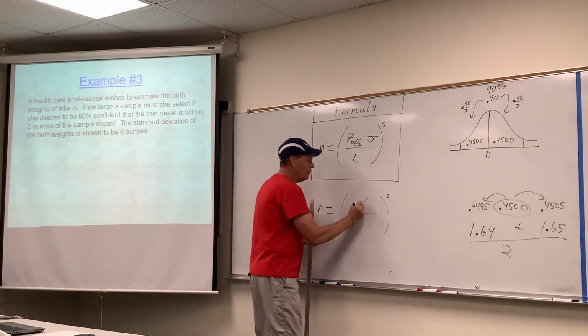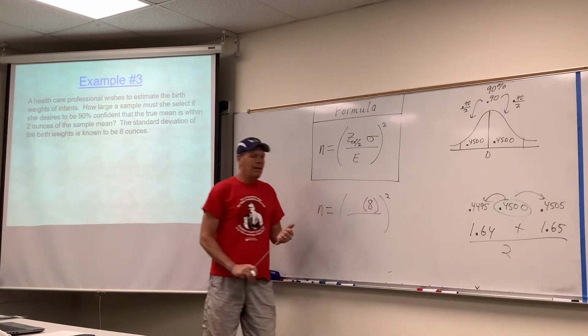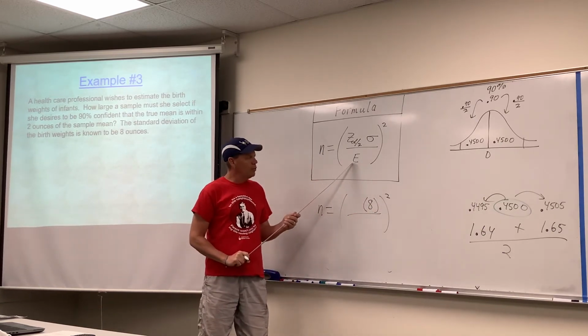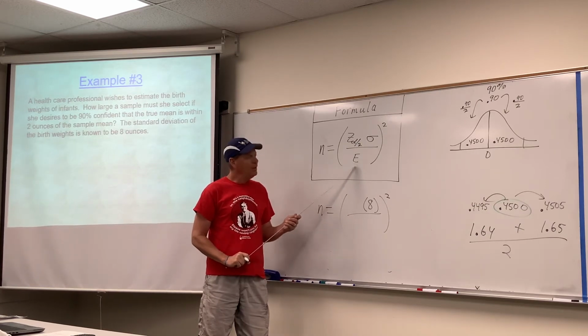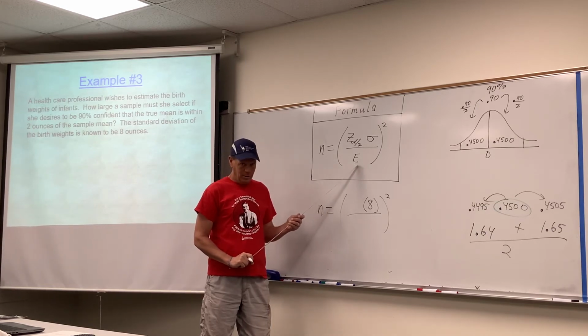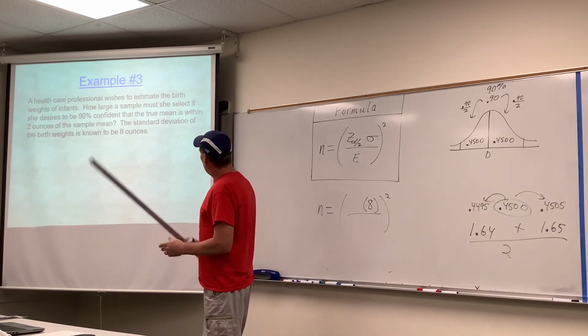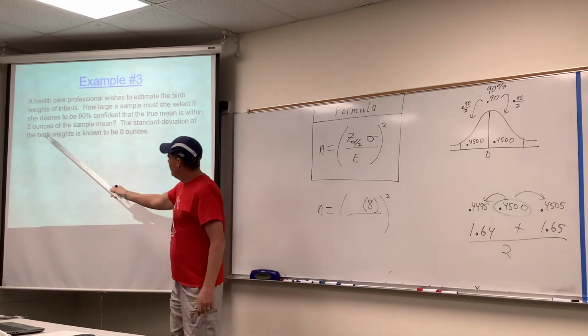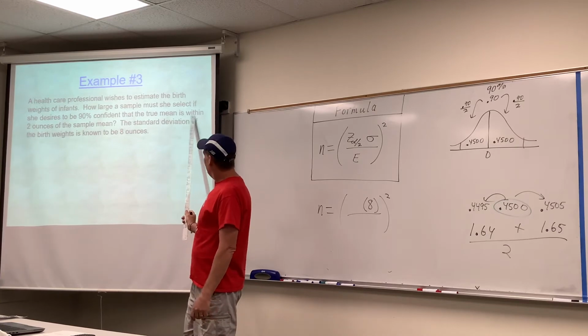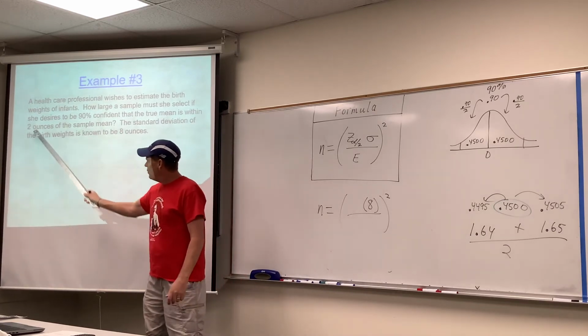So that would go in right there, 8. And then I hope you remember from previous discussions, assignment 20, do these in order. Assignment 20, we talked about E is margin of error, within, plus or minus. And it talks about they want to be within 2 ounces. There's your key word, within. That's your margin of error, 2 ounces.